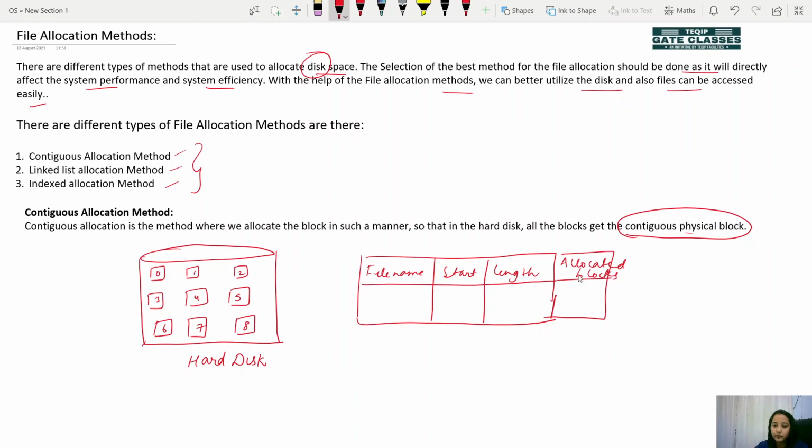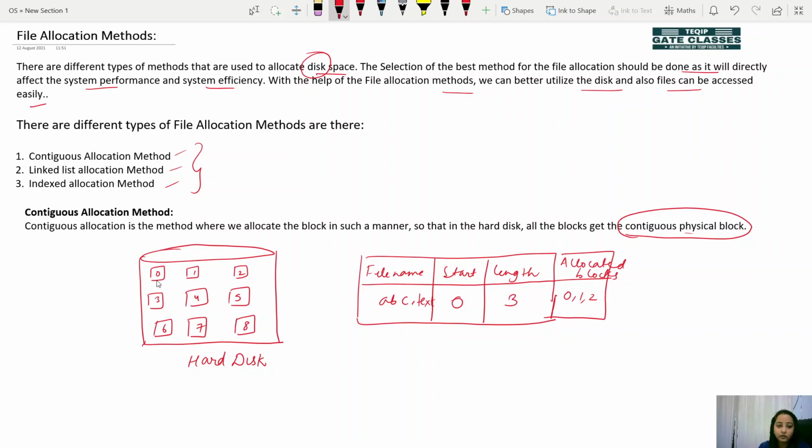Suppose ABC.txt is the file name. Then 0 is the start, the length is 3, and the blocks allocated should be 0, 1, 2. I have to allocate a block length of 3.